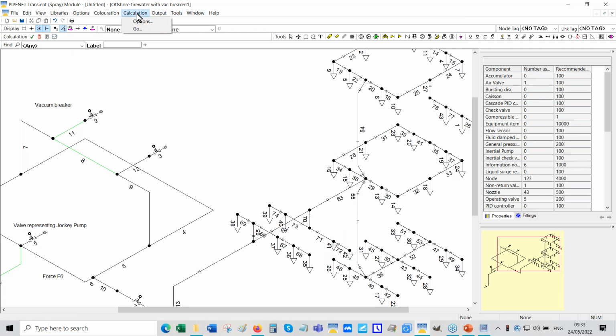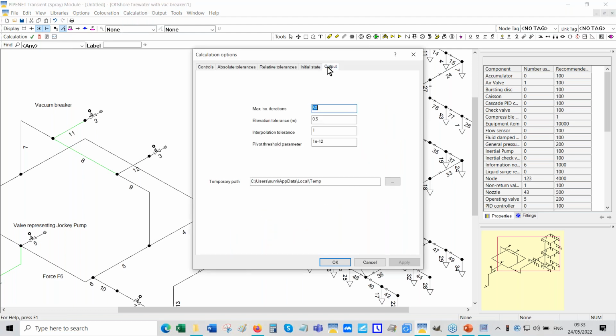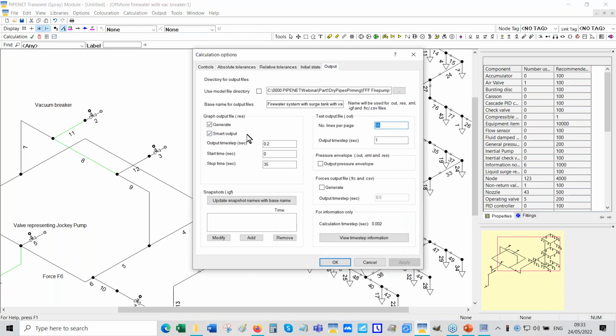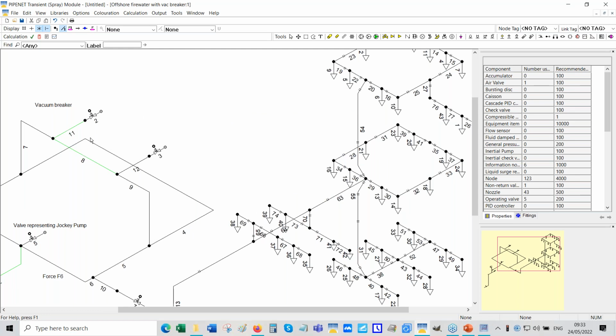Always keep this in mind, because there is this thing called smart output, and that will catch the peaks and the minimum values, okay? So that's what we're finding here, that if I remove the vacuum breakers, the pressure surges increase enormously.